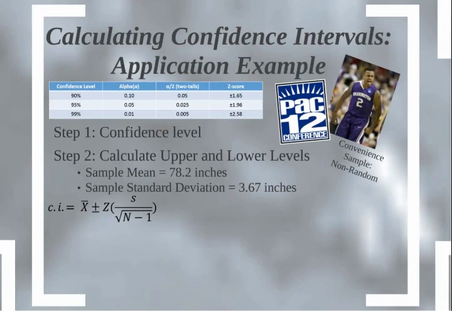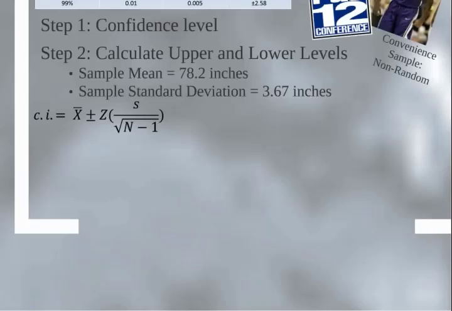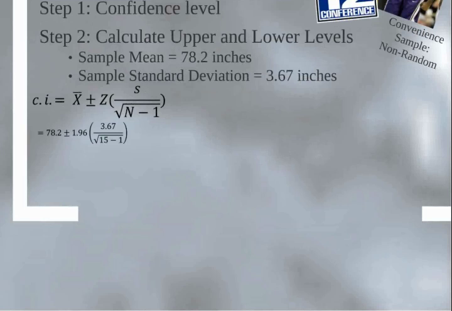And so here is our equation. We have our sample mean in front, plus or minus our z-score, times the sample standard deviation divided by the square root of the sample size minus 1, right? Our sample size here is 15. There are 15 listed basketball players on the University of Washington team.